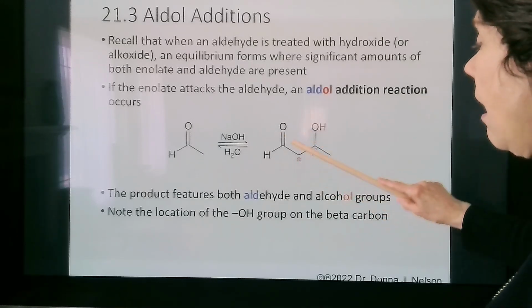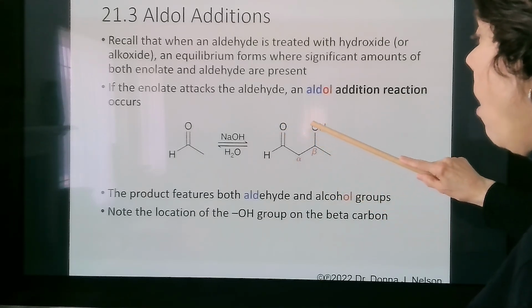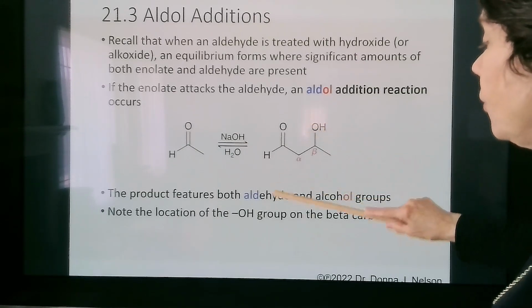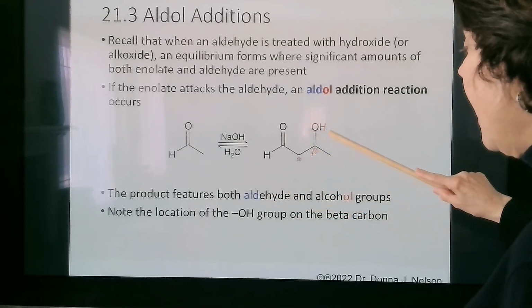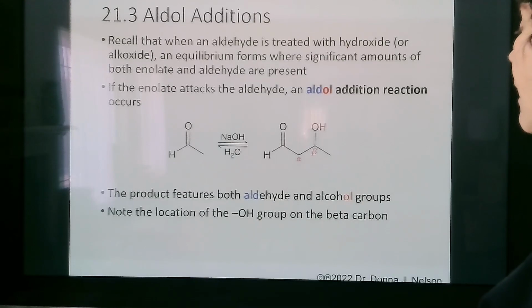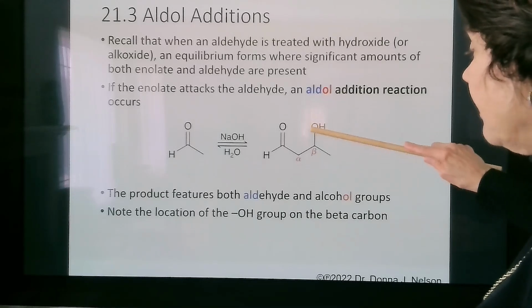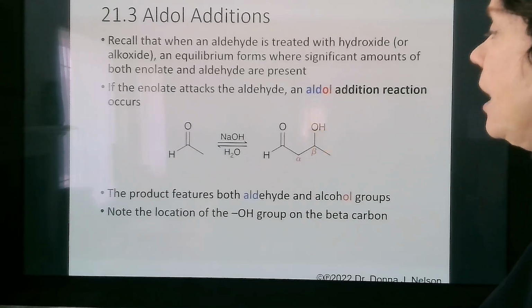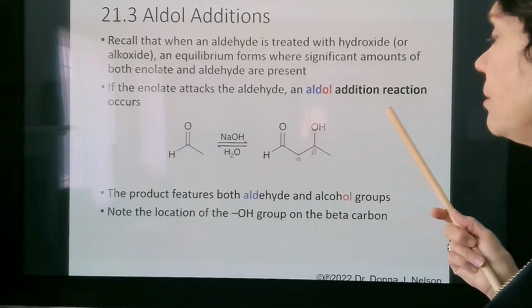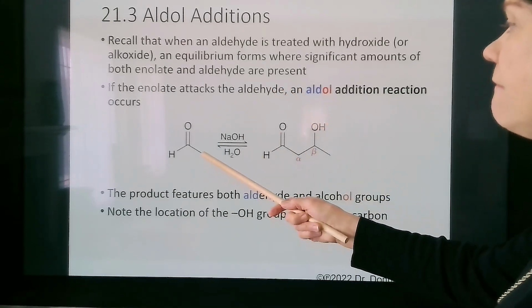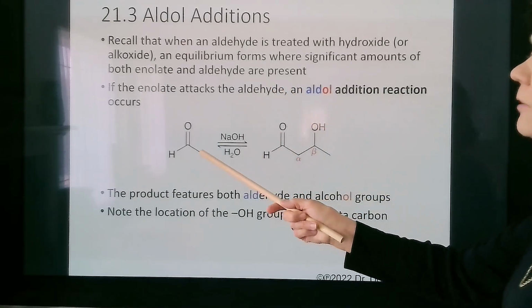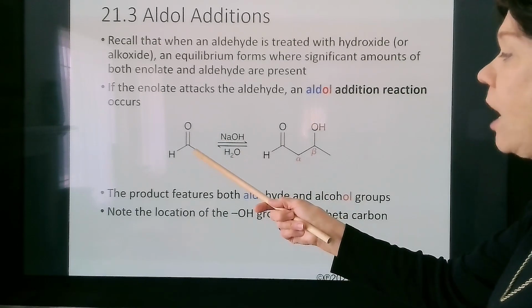So here's the aldehyde, and here's the ol. This is the alcohol. So here aldehyde and the alcohol functional groups are present. So the alcohol functionality will be at the beta position. This is really merely the product of the aldehyde reacting with itself.